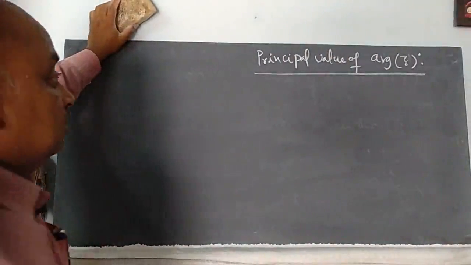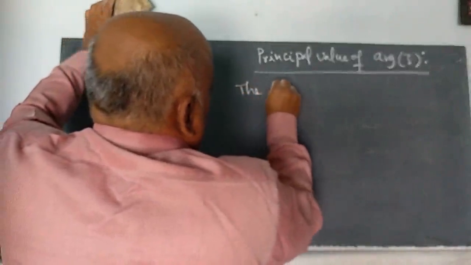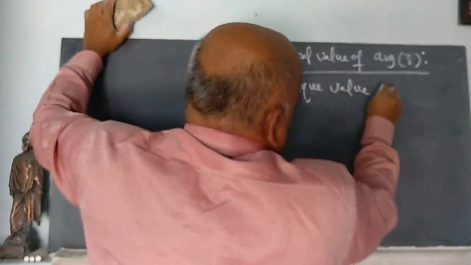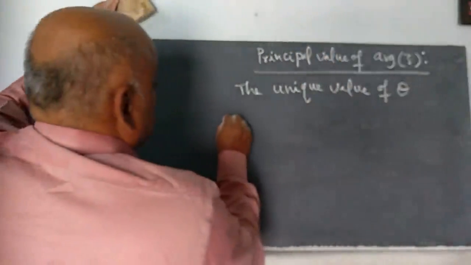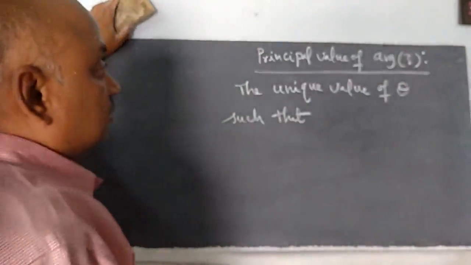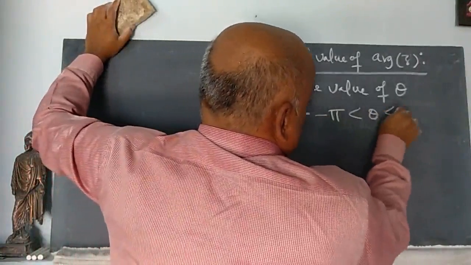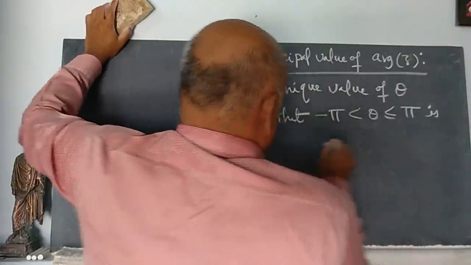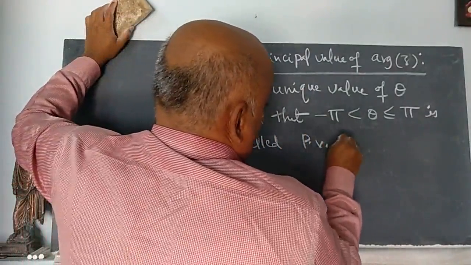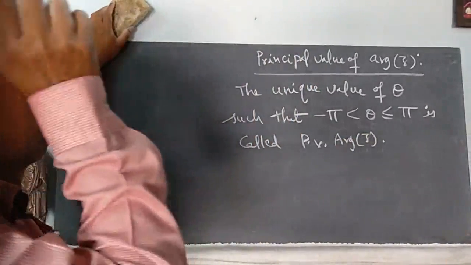See, the unique value of theta such that minus pi is less than theta less than or equal to pi is called the principal value of argument of z.